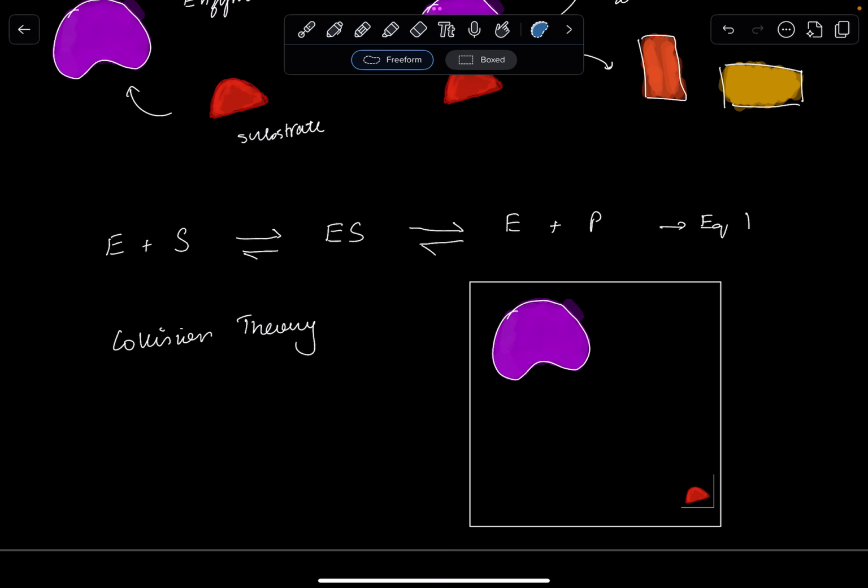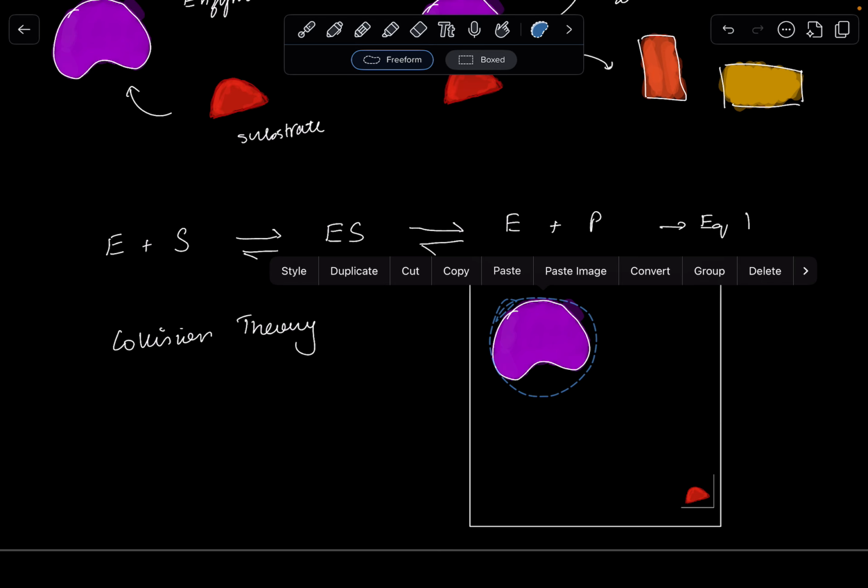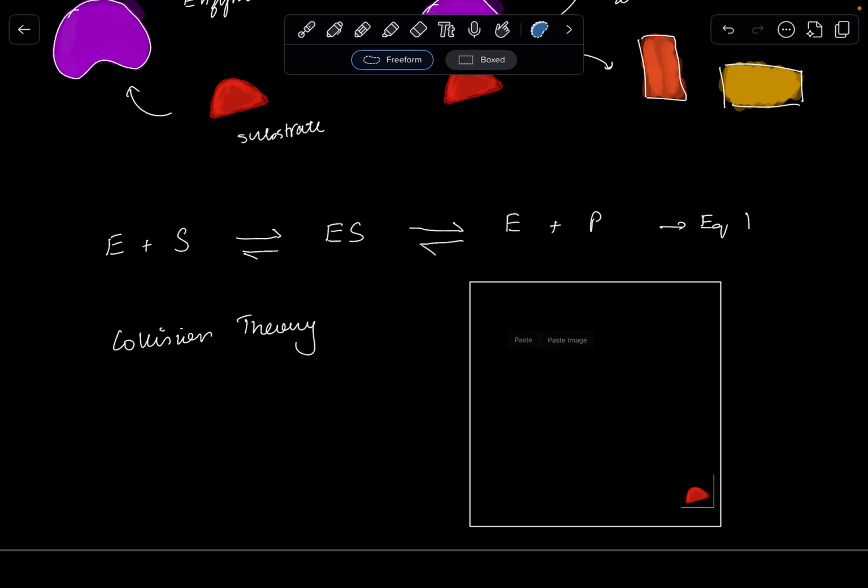Okay, so I'm just going to redo this. So let's say this is my box and that's my enzyme and that's my substrate. Now, if this is all moving in random directions, how likely is this substrate going to find this enzyme?